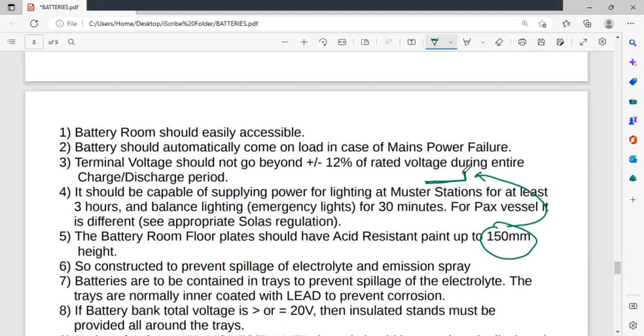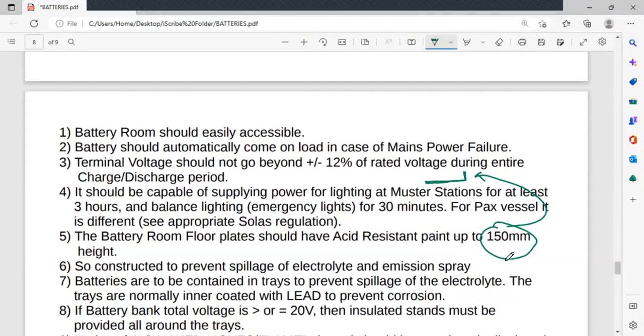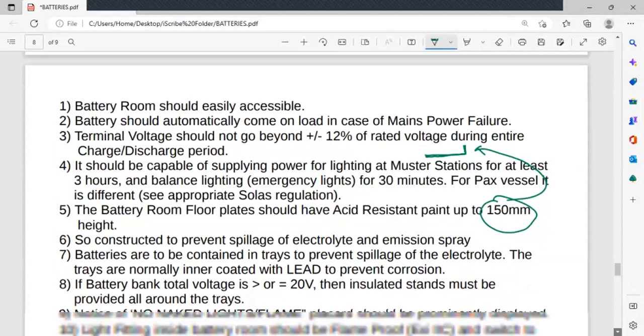And if this is not acid resistance paint, then it will once again corrode the metal that is there. Normal paint, it will corrode that paint and then eat into the metal on the bulkhead also. So that is what they mean, acid resistance paint up to 150 mm.